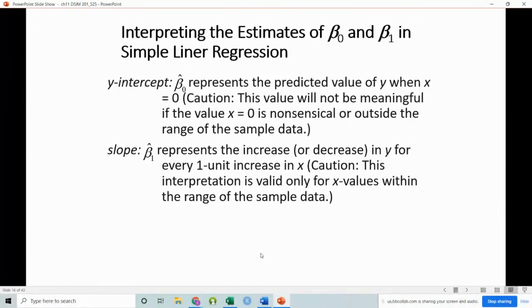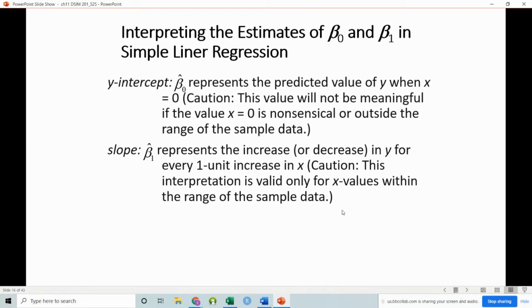Beta 1 represents the increase or decrease in y for every 1 unit increase in x. This interpretation is valid only for x values within range of the sample data. So what that's saying is when we create this model, we can only use this interpretation for within sample values.